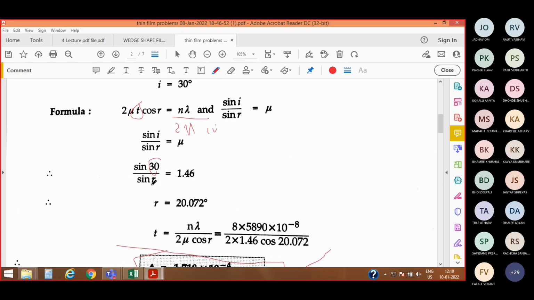लेकिन r की वैल्यू आपको दी नहीं है, तो वो आपको ढूंढनी पड़ेगी. बट यू हैड गिवन द रिफ्रैक्टिव इंडेक्स. सो वैल्यू ऑफ small r इज इक्वल टू दिस वन. ओके. पुट द वैल्यू ऑफ sin 30 here. ये साइन इधर जाएगा तो उसका sin inverse लेके आपको ये वैल्यू मिलता है. देन थिकनेस t इज इक्वल टू n lambda upon 2 mu cos r इज इक्वल टू दिस वन.